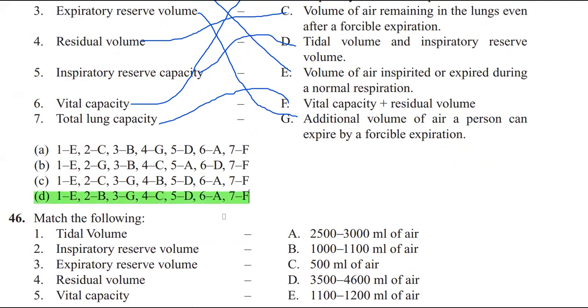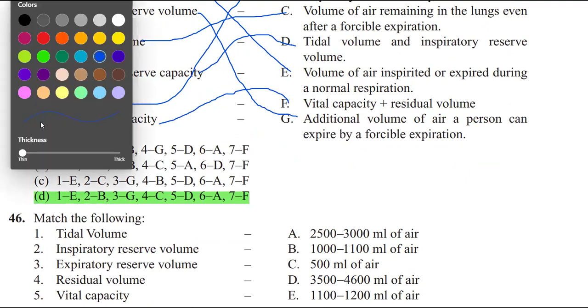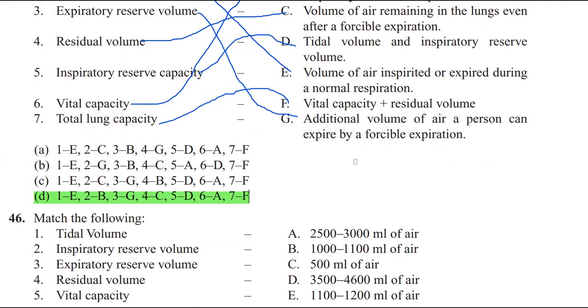Right. Next. Tidal volume. How much tidal volume? 500 ml. IRV, inspiratory reserve volume, 2500 to 3000. ERV, expiratory reserve volume, 1000 to 1100 ml.